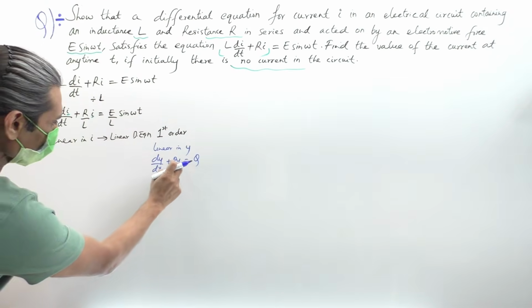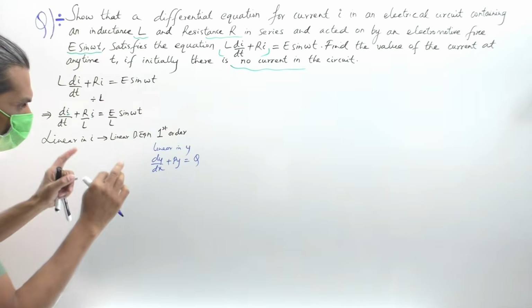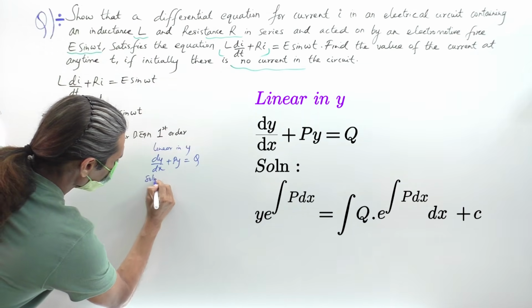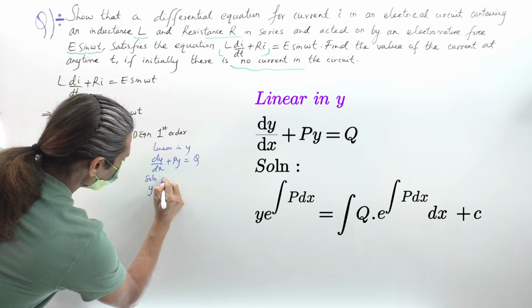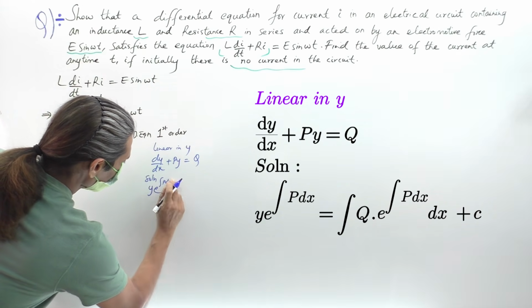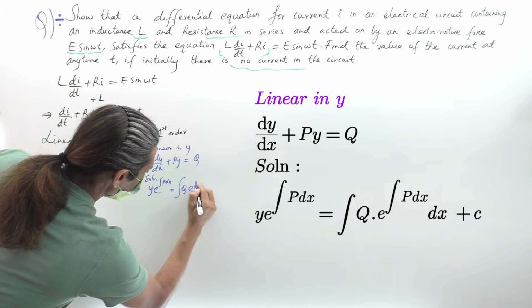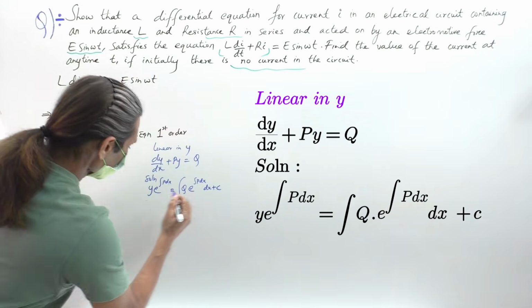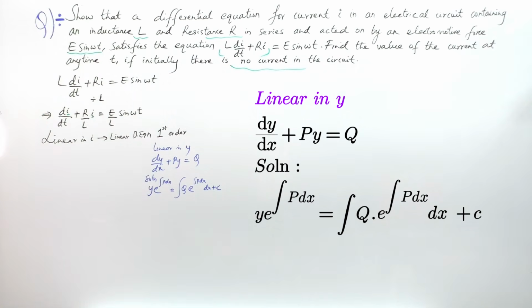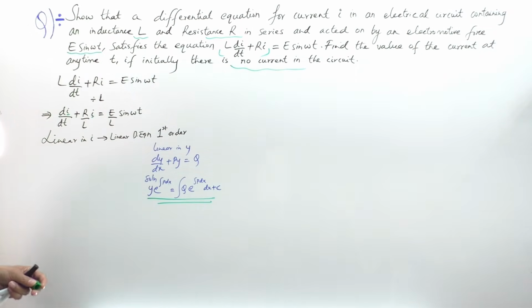Now the solution says, y into e raised to integration of p dx is equal to integration of q into e raised to integration of p dx, dx, plus c. This is the required solution for linear in y.